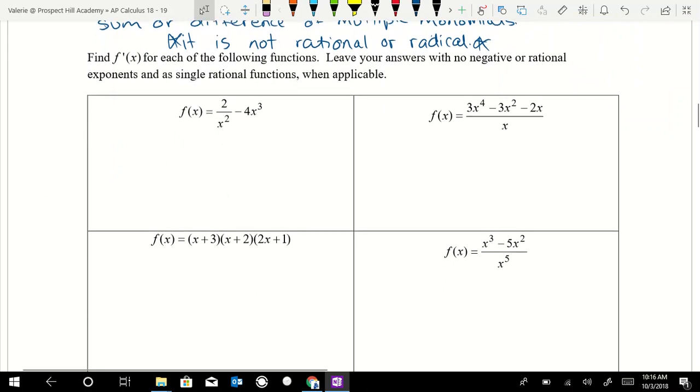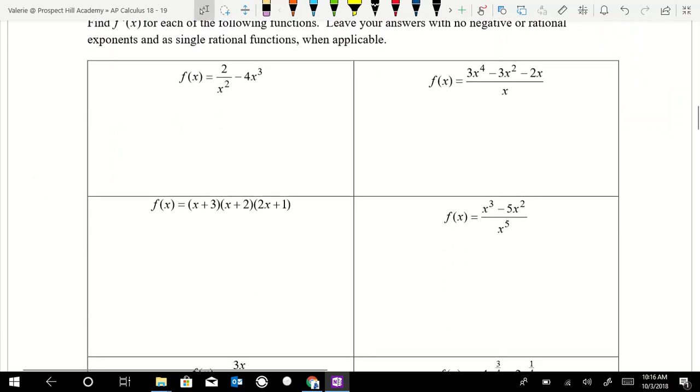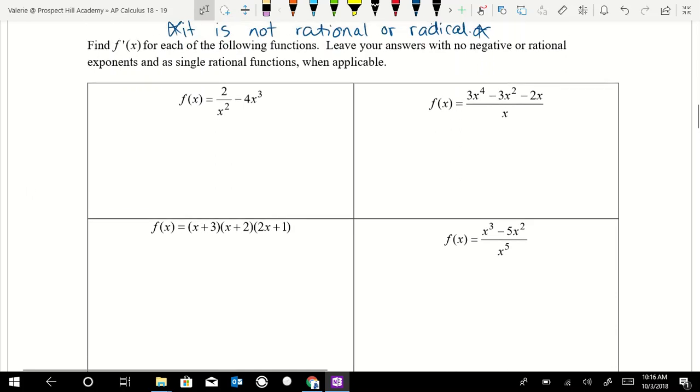Our first problem, f of x equals 2 over x squared minus 4x cubed. So we're going to rewrite the 2 over x squared in polynomial form because we do not want that to be written as a rational. So 2 over x squared can be rewritten as 2x to the negative 2.